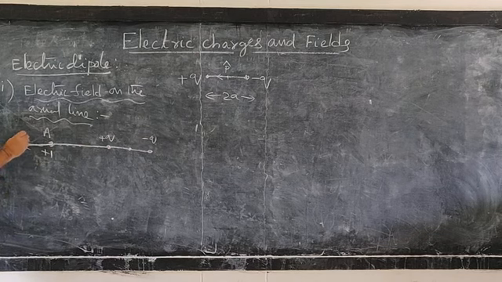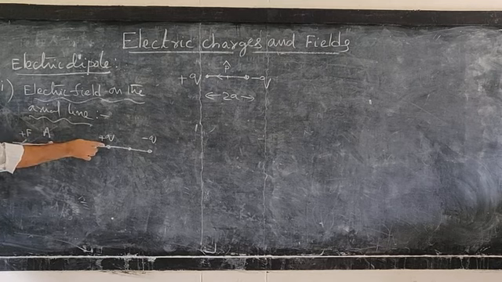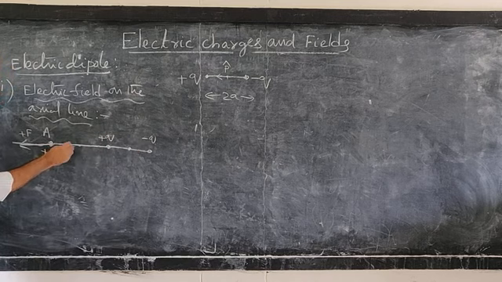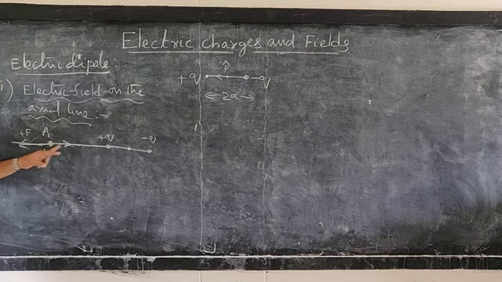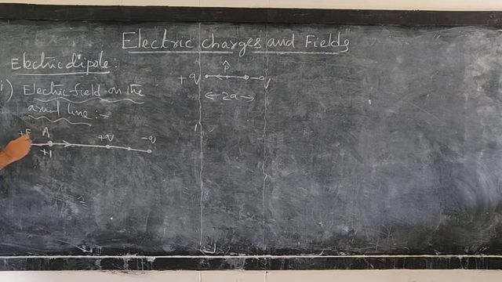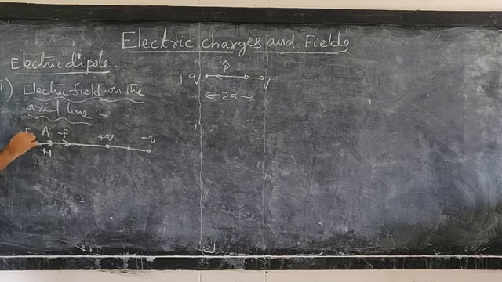Let us say this is the repulsive force due to the charge plus q, and due to this charge minus q, it will experience an attractive force. But since that charge is far away from here, this vector is shorter than this vector. They are not equal, so we will put this as f1 and this as f2.